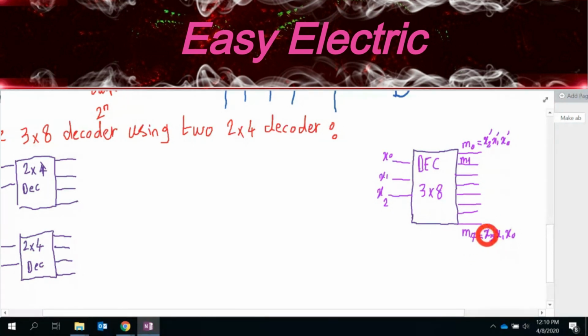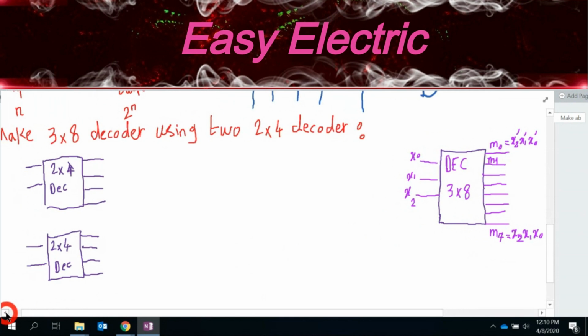Okay. So we want to design this, but the only tools that we have here are 2x4 decoders. Let's see how we could use 2x4 decoders and make one 3x8. Definitely, as you could see here, for 3x8 you should have just 3 inputs.